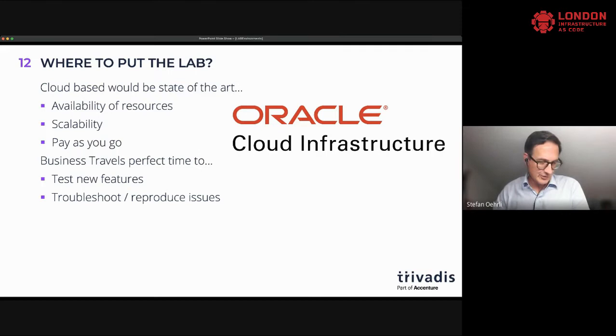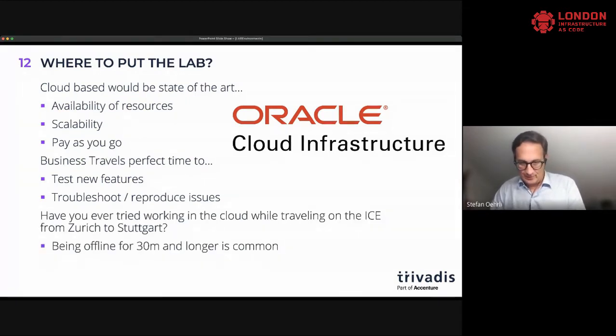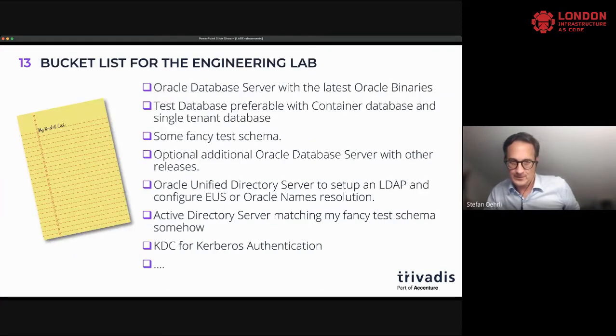I go to customers in Germany, Austria, etc. I use this travel time, in particular when I travel by train, to do engineering. I don't know if you ever travelled with an intercity train from Zurich to Stuttgart, but there's no way that you can work within a cloud. That's another reason why a local Vagrant setup is my favorite solution for this kind of stuff.